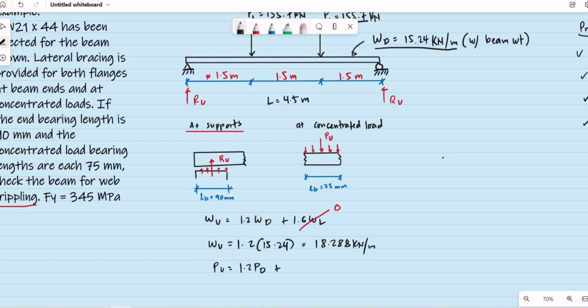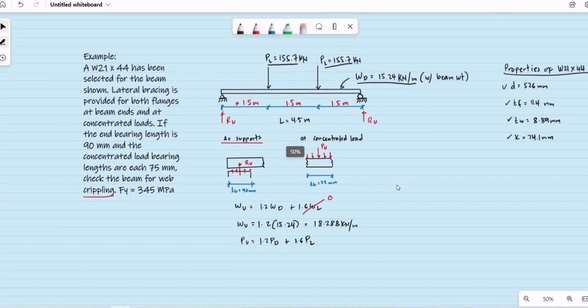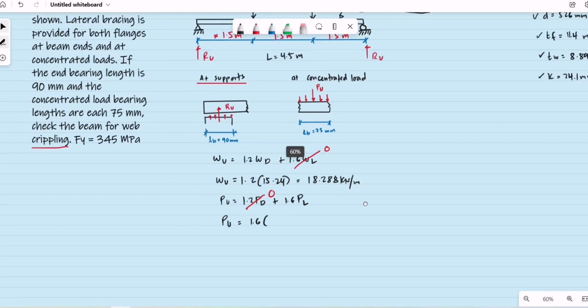For the value of the ultimate concentrated load, that is equal to 1.2 of the concentrated dead load plus the 1.6 of the concentrated live load. But for this example, again, we don't have a concentrated dead load. So let us assume this value to be 0. So the value of the ultimate concentrated load P sub U will be simply equal to 1.6 of the given. What is the given?